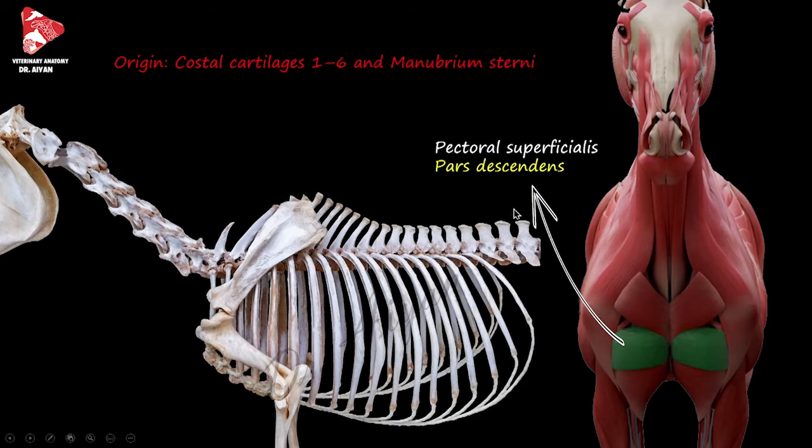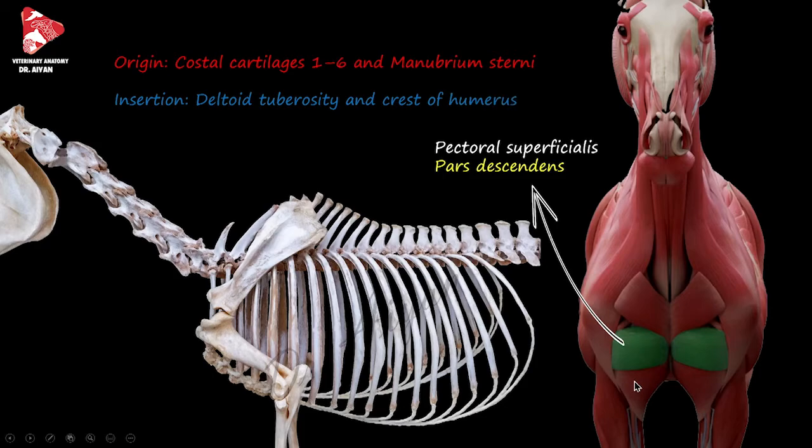This part originates from the costal cartilages from rib number 1 to number 6, and from the manubrium sterni. If you look at this picture, this is the sternum here. The first part, or the first sternebra of the sternum, is called the manubrium sterni. So this muscle originates from this part of the sternum and from the first few ribs.